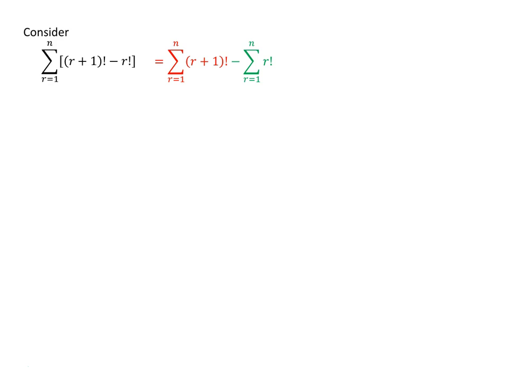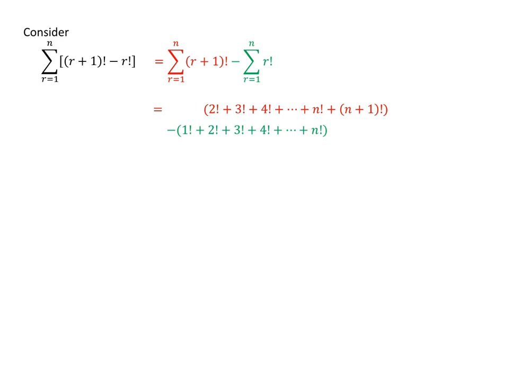So if we consider the first of these two sums, what we've got there is going to be, first of all, 2 factorial, then 3 factorial, then 4 factorial, all the way along to (n plus 1) factorial. Whereas the second term is just going to be 1 factorial plus 2 factorial plus 3 factorial all the way up to n factorial.